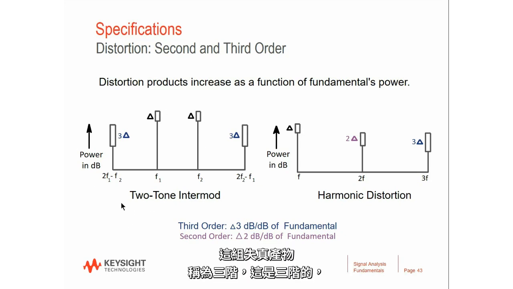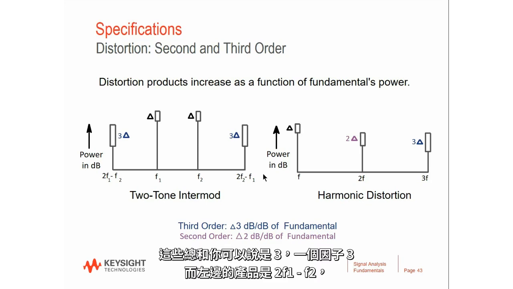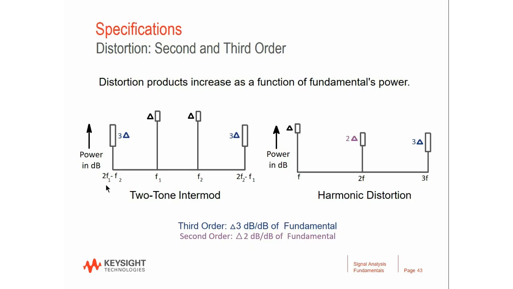This set of distortion products is called third order. It's third order because the outermost products are 2f2 minus f1, the sum of those coefficients being a factor of 3, and the left-hand product is 2f1 minus f2. Again, you have a factor of 3 in that set of tones.